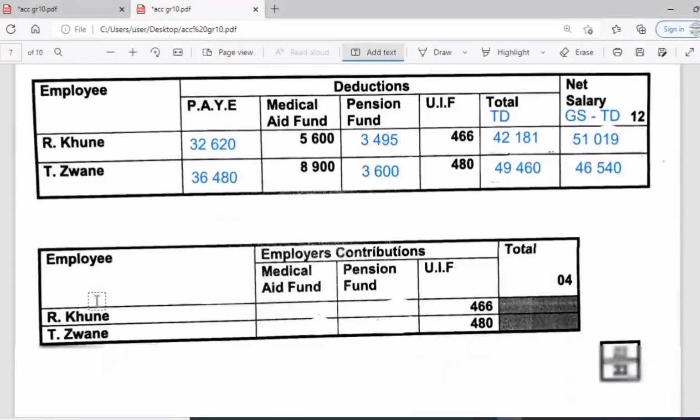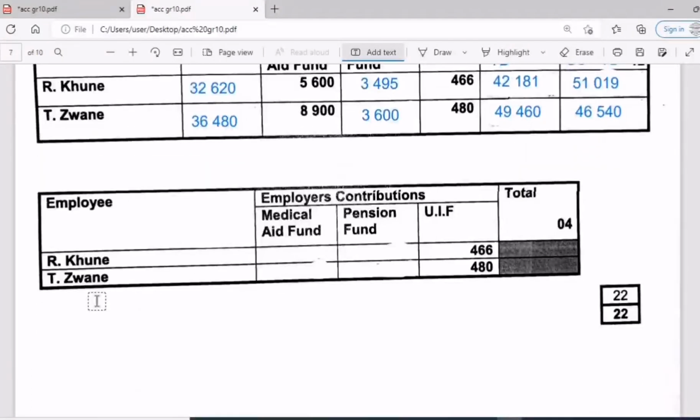So the last part now is the calculation for employers' contribution. So employers' contribution towards the medical aid, pension fund, and UIF. The UIF contribution already has been entered in the booklet.